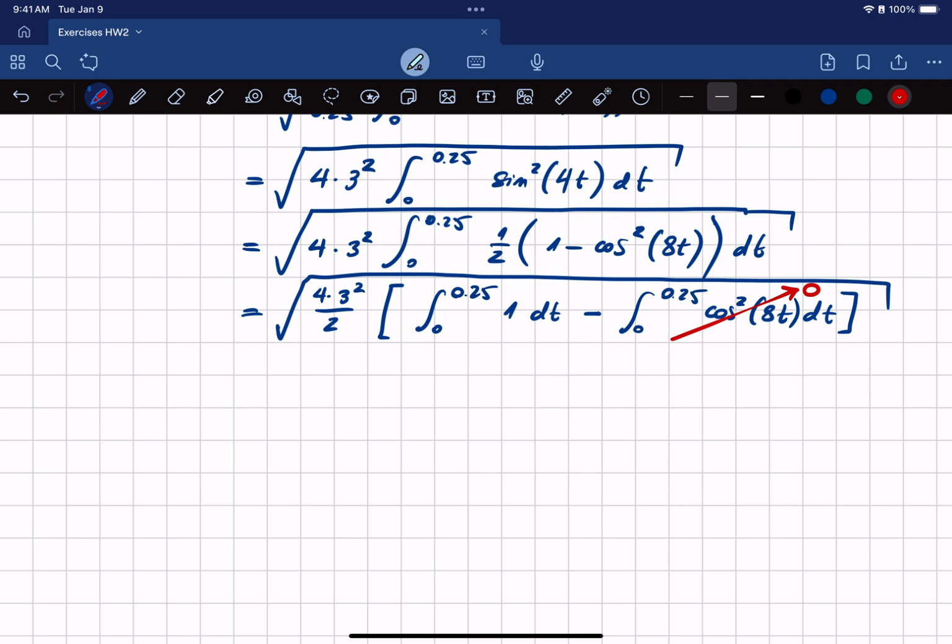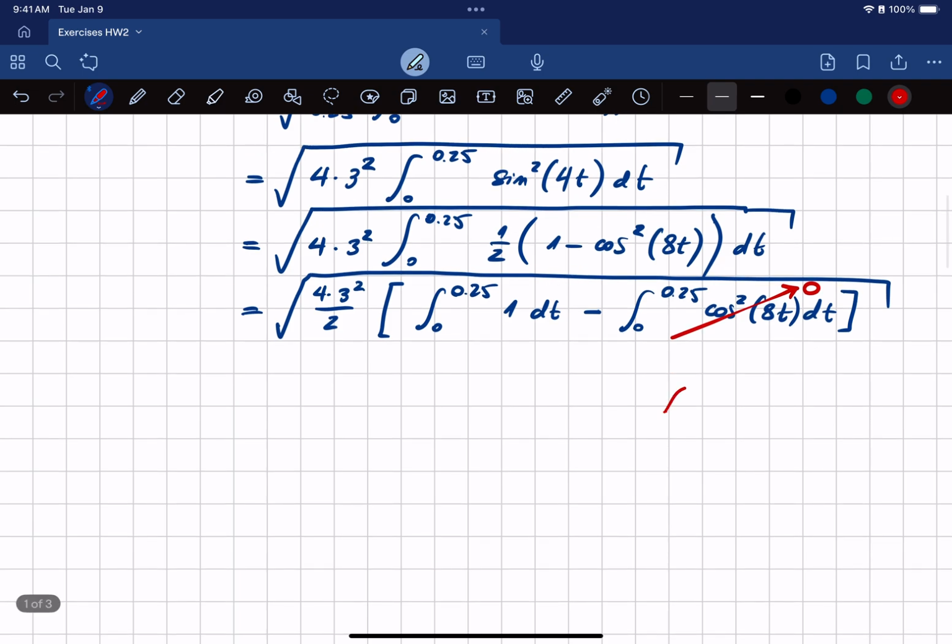You take the integral of a signal over a whole number of its periods, and that's going to give you 0. Essentially, you're going to have 2 periods, something like that, and we're integrating across this time interval, so the areas under the curve cancel each other.